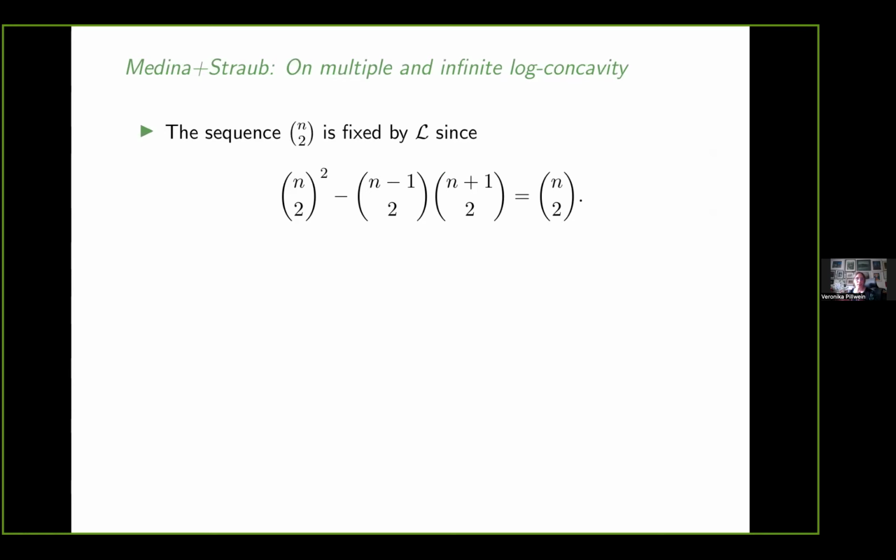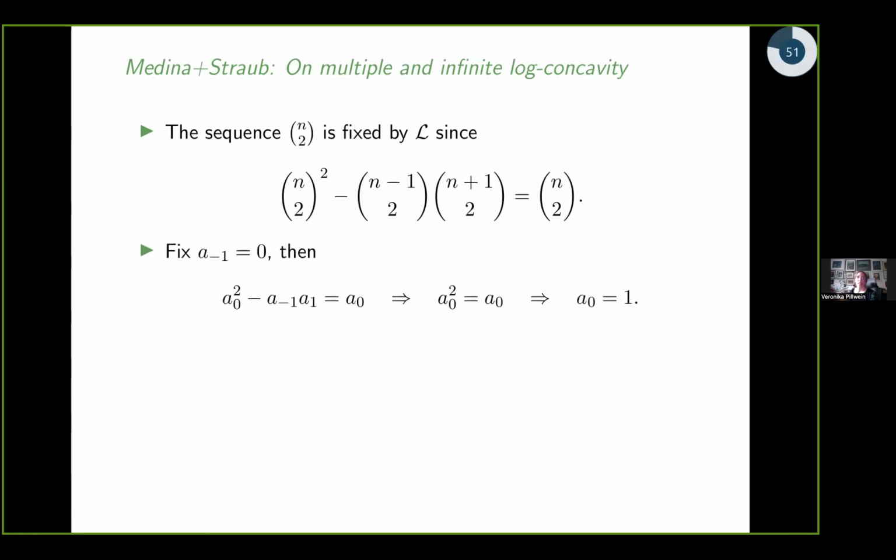I want to mention another approach by Medina and Straub, that tried to approach the problem from a different point of view, looking at sequences that are fixed by the L operator. So n choose 2 is a very simple example that is fixed by the L operator.